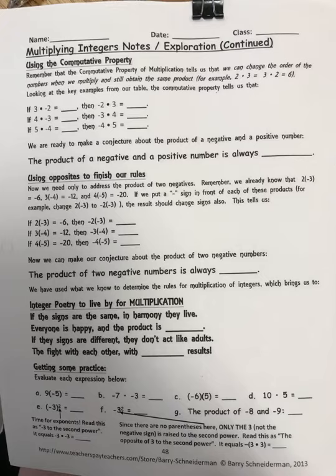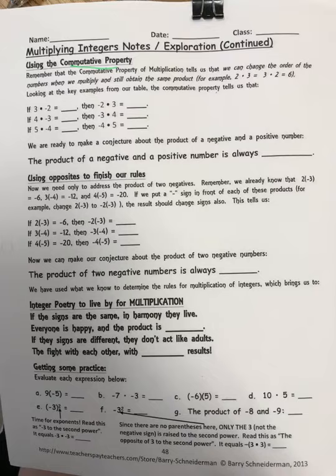So, using the commutative property of multiplication, what is the commutative property? What does it tell us? Gabriel? It tells us that, for example, 4 times 5 is equal to 5 times 4, and it doesn't matter which order the numbers, the factors, come in for multiplication.